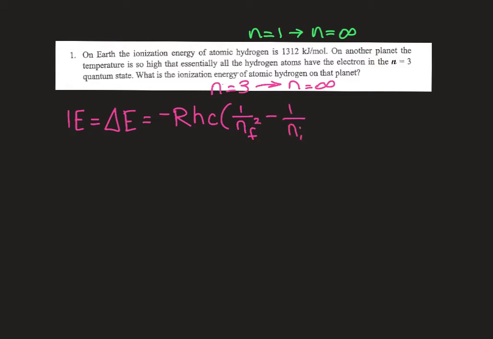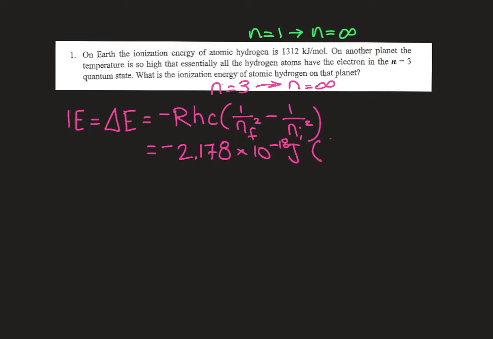Both of these are squared. Okay? So instead of actually throwing in all the constants, I've just multiplied them all out together. So we get the opposite of 2.178, that's RHC together, times 10 to the negative 18th. And the units here for all three of these together are joules.